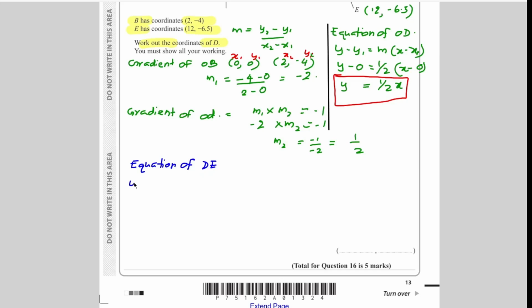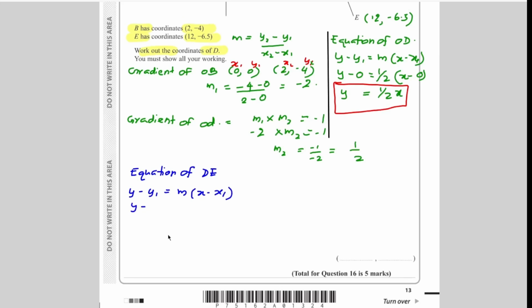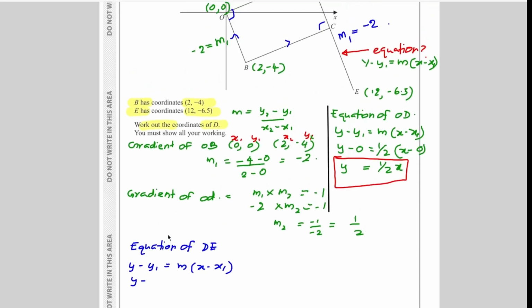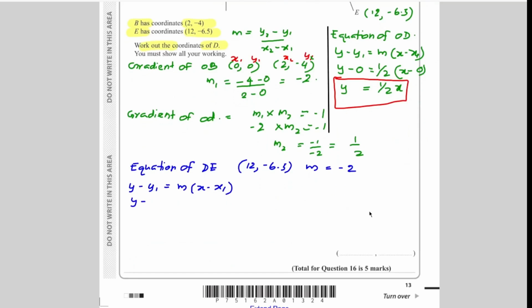Right, y minus y1 equals m times x minus x1. Now we know that this DE passes through 12 comma minus 6.5 and its gradient is minus 2. So we have the information. Let's plug in the values now to the equation.